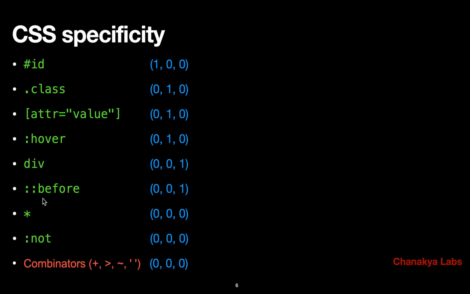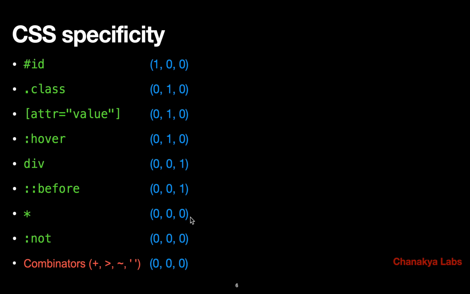But elements and pseudo elements, like before and after selection, these are pseudo elements, right? So pseudo elements and normal elements have simply one at the units place, so they are lower than class and the other selectors, right? And finally this universal selector has 0,0,0.